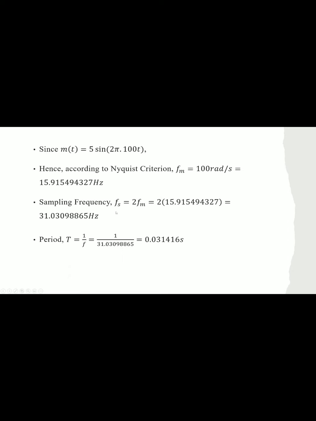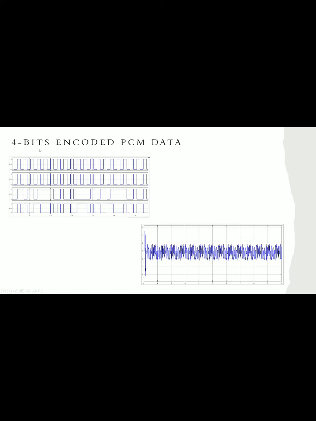Hence, the sampling frequency Fs would be 31.831 Hz, around that value. So the period for the sampling frequency, T = 1/F, would be 0.031416 seconds.